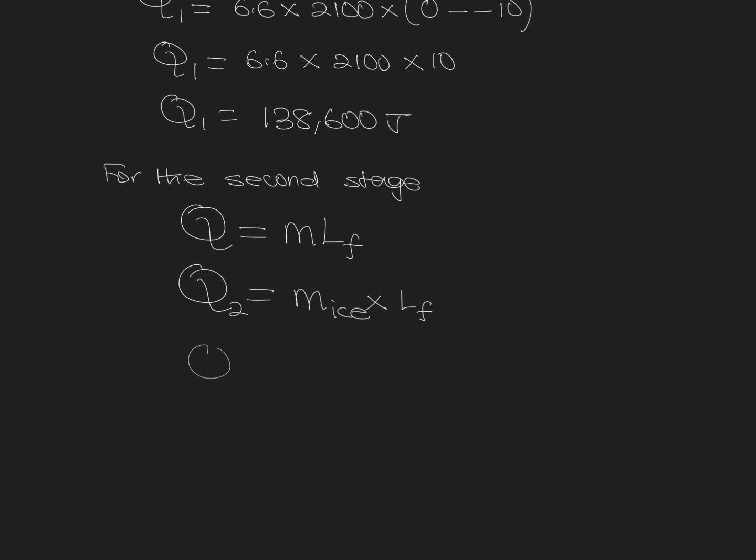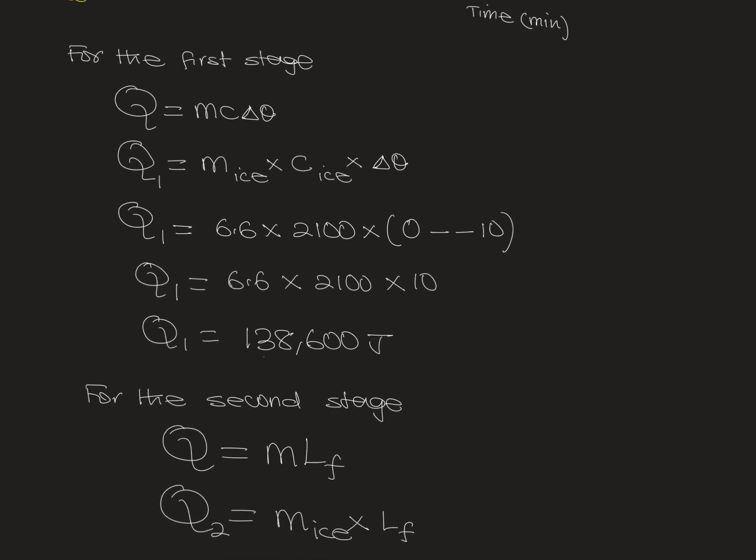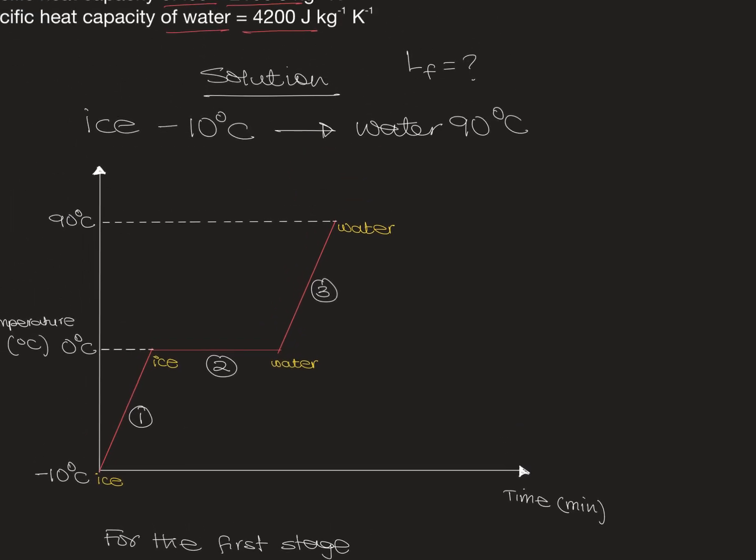We can say Q2 is equal to the mass of the ice, which is 6.6 kilograms, times LF, because we don't know the specific latent heat of fusion. It's not given in the question. So Q2 is equal to 6.6 LF. Now we will move on to the third stage.